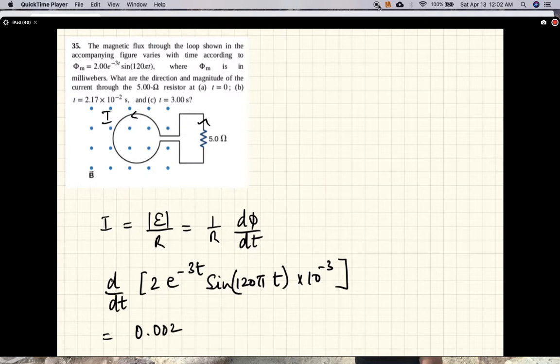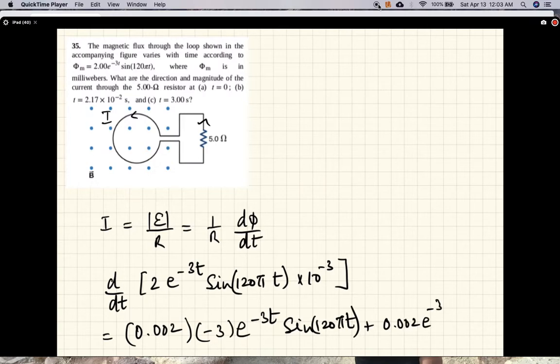The derivative of this is minus 3 e to the power minus 3t sine 120 pi t, plus 0.002 e to the power minus 3t times the derivative of sine, which is cosine, so 120 pi cosine 120 pi t.